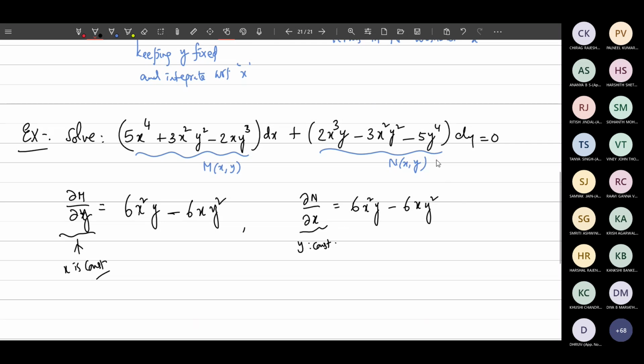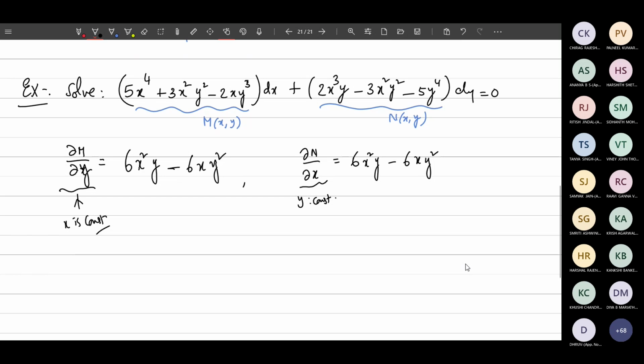And y constant means for 5y^4 the derivative is 0. Now these two are equal, both are equal. Therefore the equation is exact, because the partial derivative of M with respect to y is the same as the partial derivative of N with respect to x.